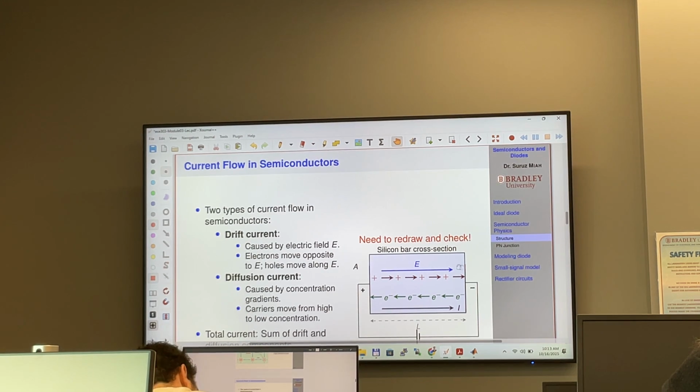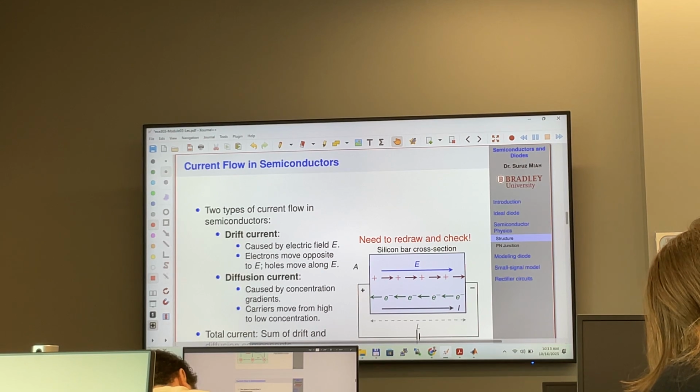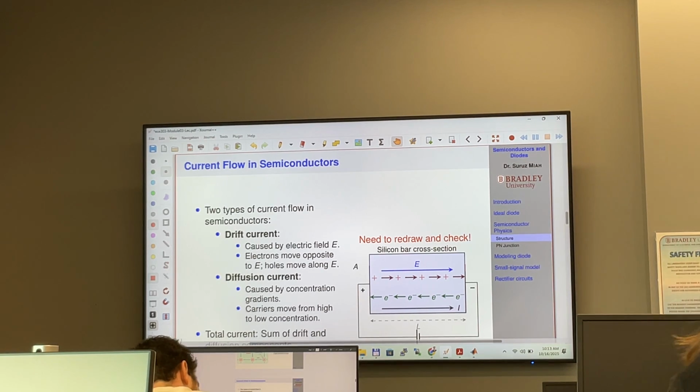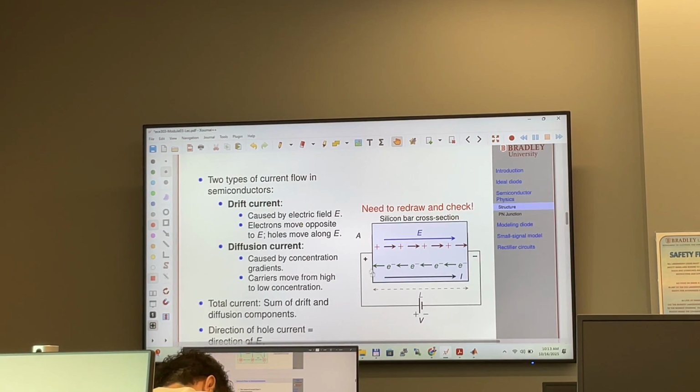So this is the drift current direction. This is basically the diode current, I_T. It's caused by the electric field. Electrons will be moving in this direction, and holes will be moving along the electric field.